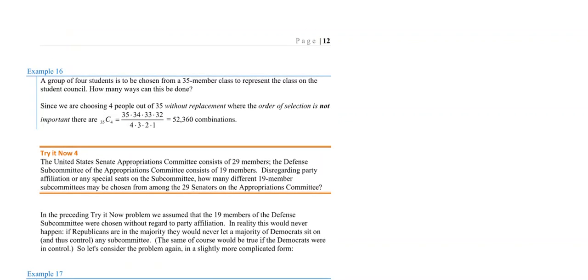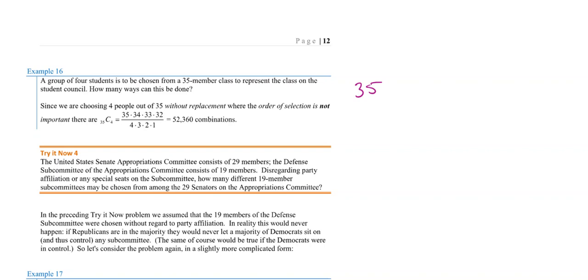A group of 4 students is chosen from a 35 member class to represent the class on student council. How many ways can this be done? Okay, so we've got 35 students, and we're selecting them for student council.